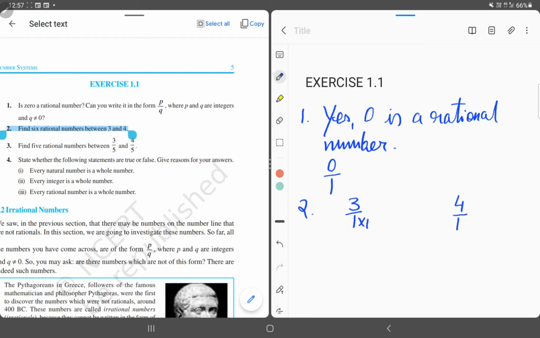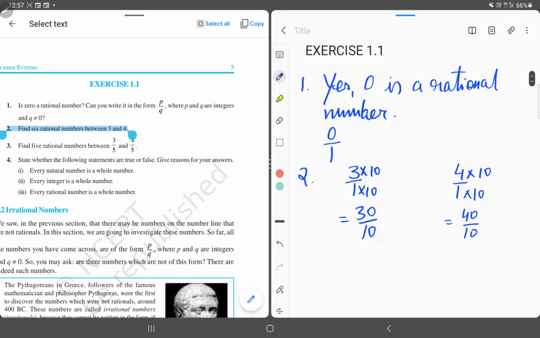Let us multiply 10. So 3 into 10 and 1 into 10. So 3 will become 30 upon 10, and similarly let us multiply 10 to the numerator and denominator of the other number. So it will become 40 upon 10. This 30 upon 10 is actually 3. 40 upon 10 is 4. Only their forms are different.